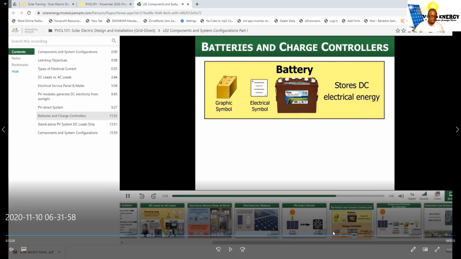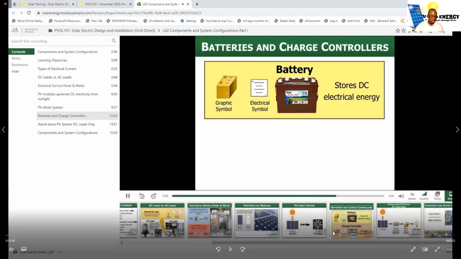Now, we're going to go to battery and charge controller. This comes to storing your electricity. Once you want to store electricity for hours or days where there will be no sun ray, you need storage capacity, a means of storing your electricity. What is used to store electricity is the battery.